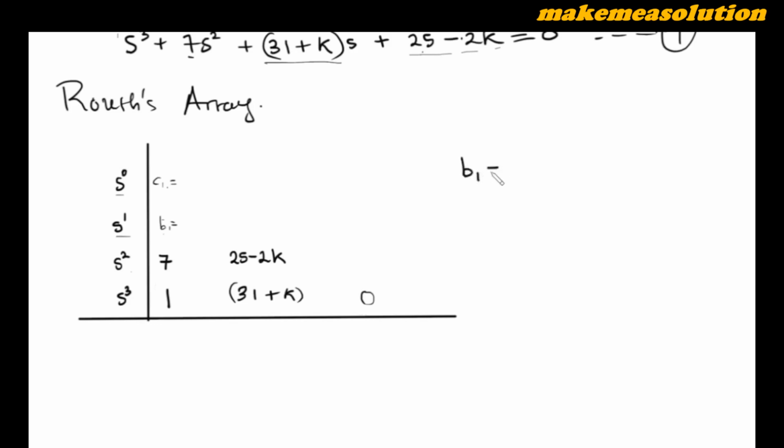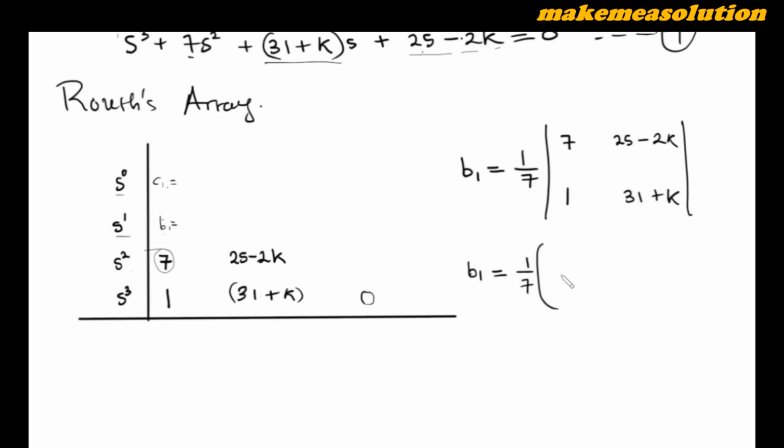So to get b1, you're going to reciprocate this guy, 1 over 7, and you now find the determinant of 7 1, then this and this, which is 25 minus 2k, and you now have 31 plus k. So let's find the determinant. So b1 is now going to be 1 over 7, and 7 times this gives me 7 brackets 31 plus k, and minus 1 times this gives me 25 minus 2k. Take note, there's a bracket here.